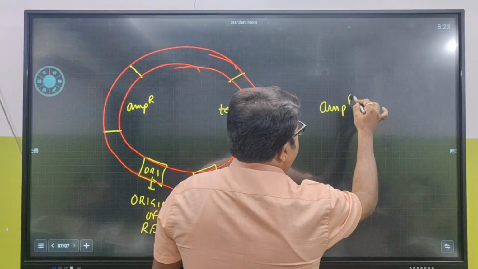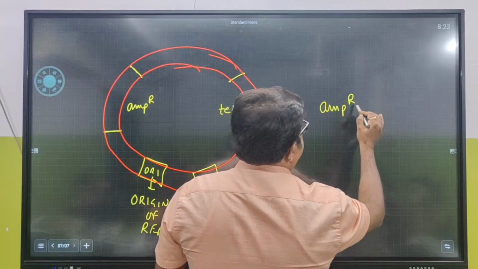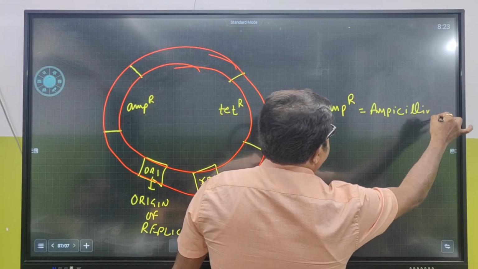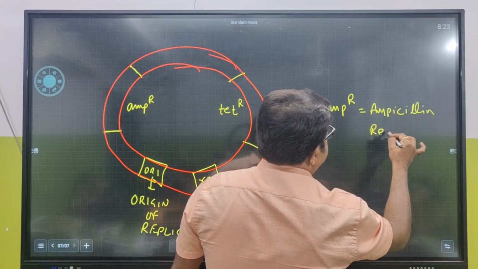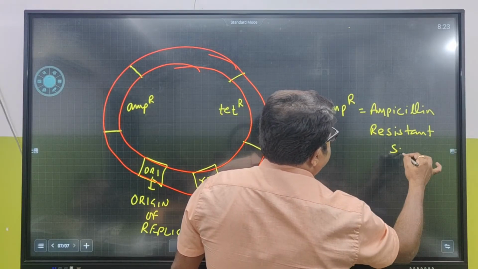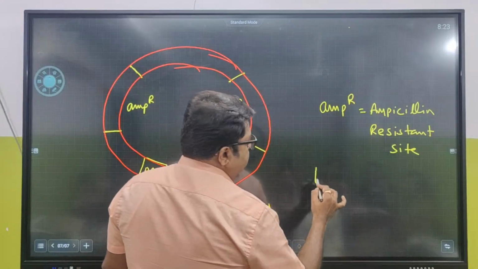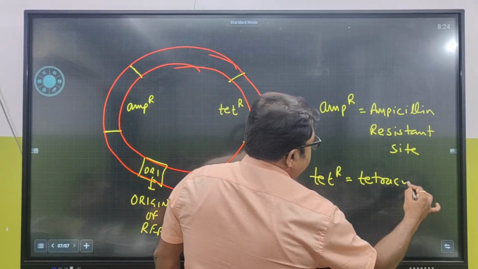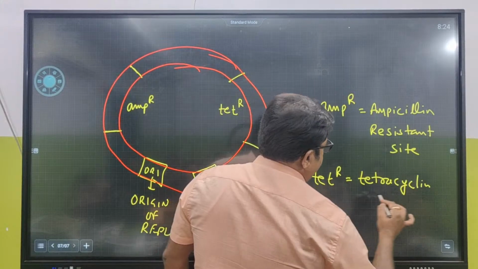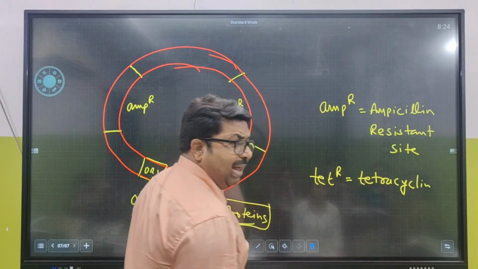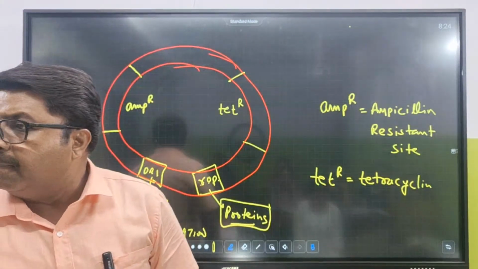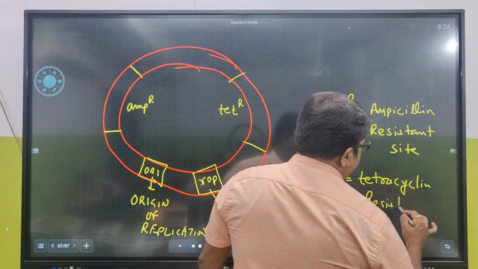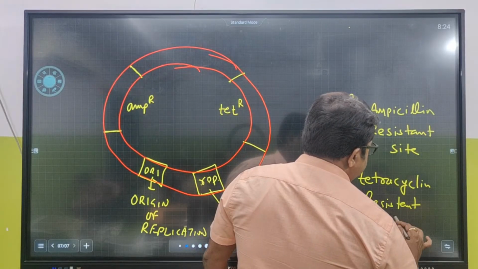It is called ampicillin resistant site. And what is also present over here? Tetracycline resistant site. These 2 are antibiotic. So tetracycline resistant site.